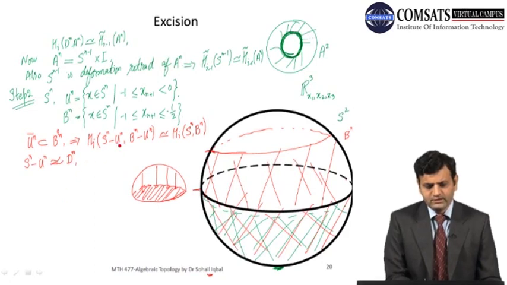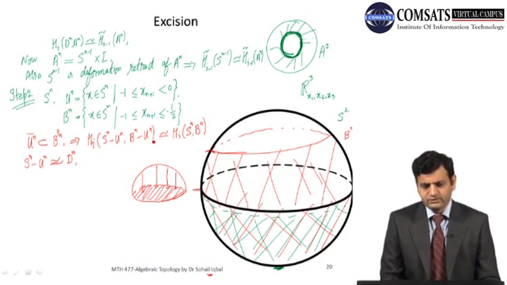Okay, and similarly Bn minus Un. If you once again observe this case, if we take out this green shaded area from this B2, then I will have a strip on this sphere. This strip is basically the same as this A2. In general the same situation will happen, and this Bn minus Un will be homeomorphic to An.